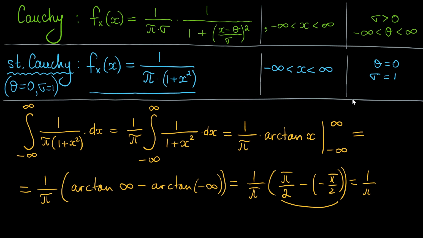So we have 1 over pi times pi, and that's 1. So it does integrate to 1. We got ourselves a valid PDF in the standard Cauchy. Okay, well, no surprise there.